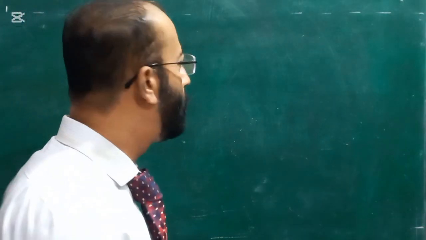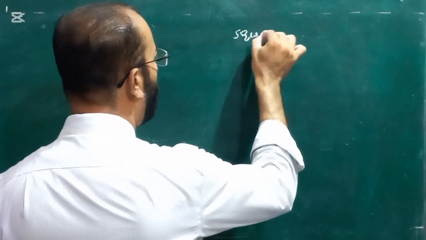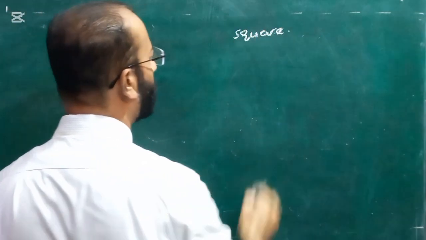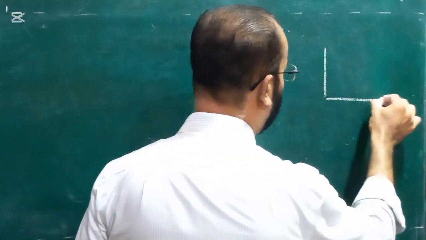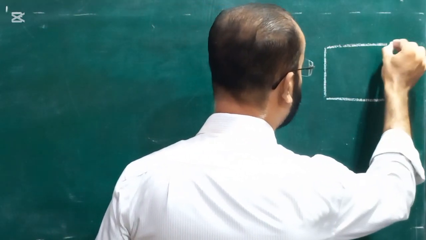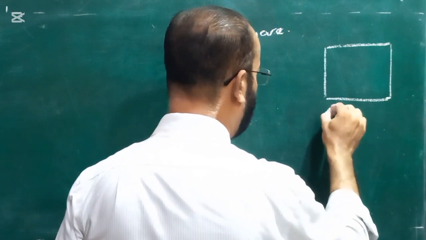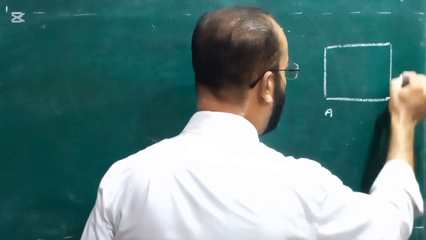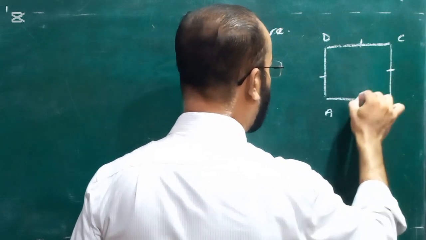Good morning, students. Today we are going to read the angle properties of a square. A square is a four-sided figure in which all sides are equal. If we name it A, B, C, D, all sides are equal.